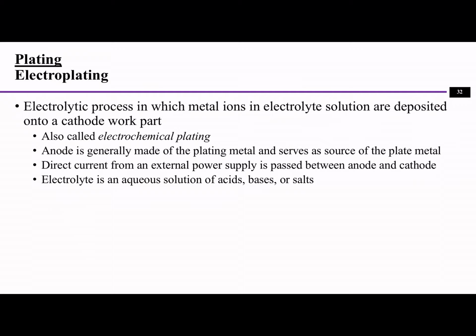Electroplating is an electrolytic process in which the metal ions in electrolyte solutions are deposited onto a cathode work part. You can see in this setup, the work part is at the cathode, while the plating material, which usually is another metal, is at the anode.